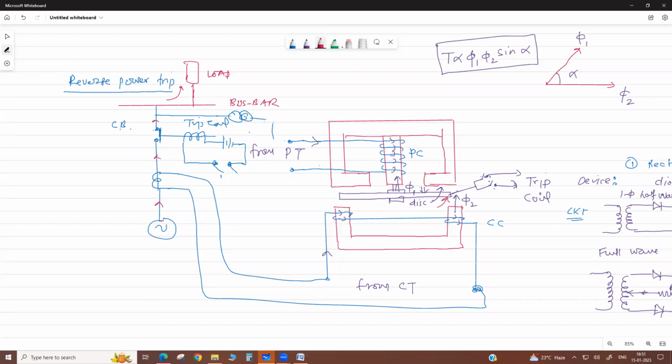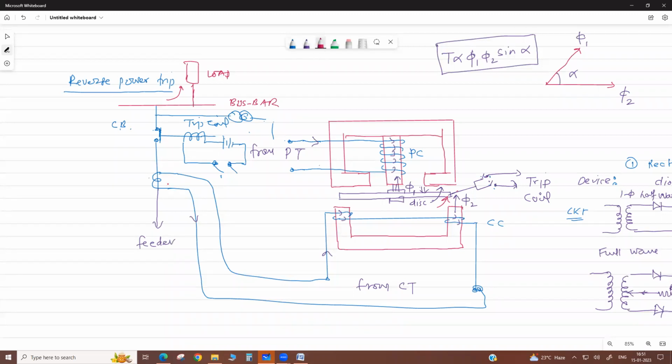But now suppose inverse current flows. When it is in this direction, the reflection in the CT is in this direction. Initially, suppose this is a feeder we take, not a machine, some load feeder.